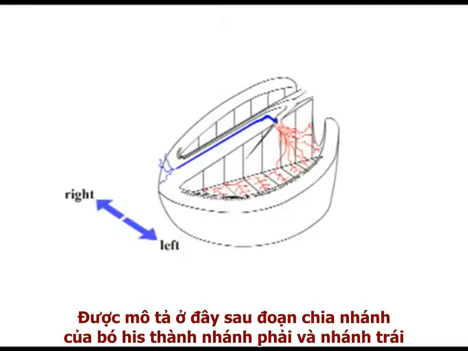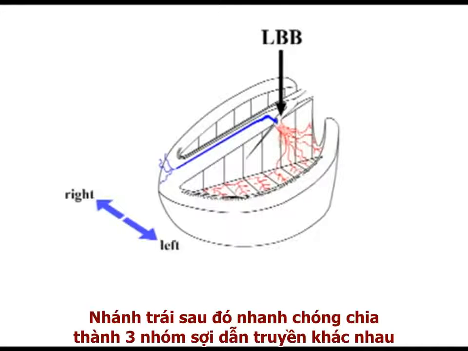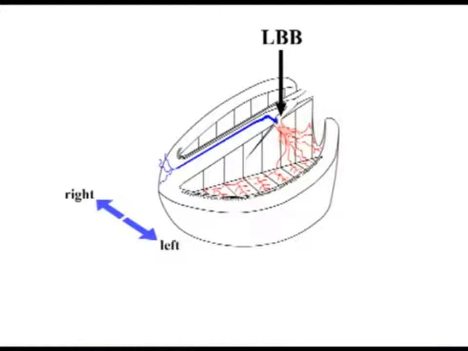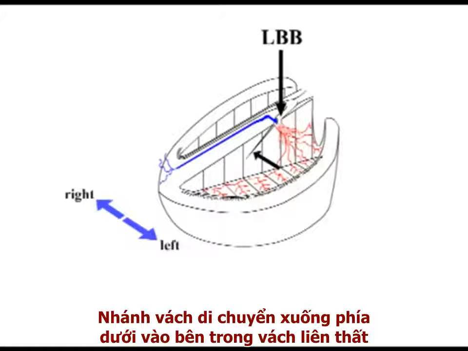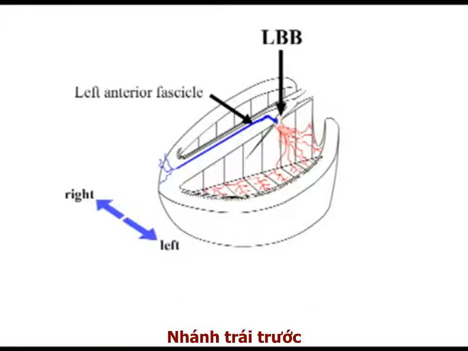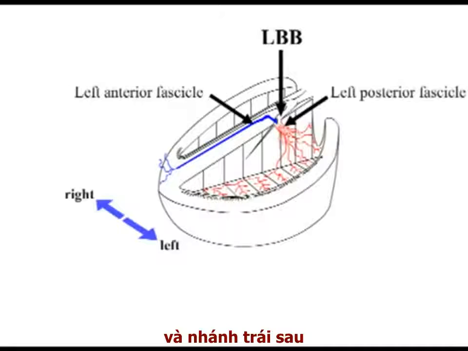Shortly after the anatomical bifurcation of the bundle of His into right and left bundle branches, the left bundle branch itself quickly divides into 3 distinct collections of conducting fibers: a septal branch which travels downwards into the septum, an anterior fascicle, and a posterior fascicle.